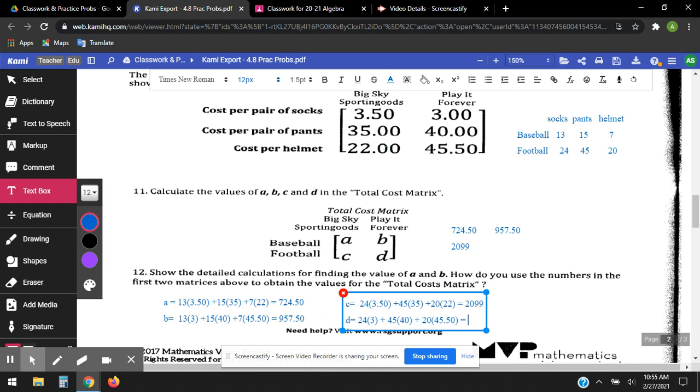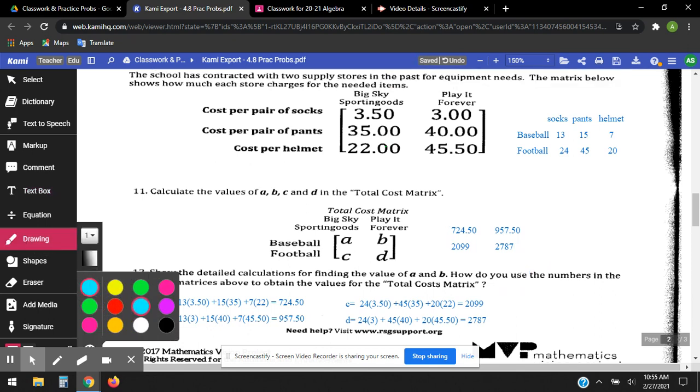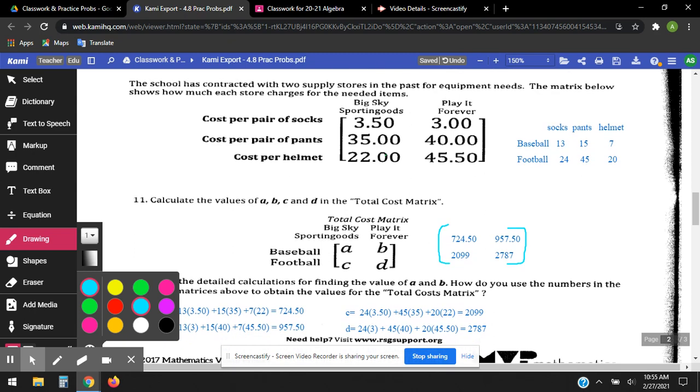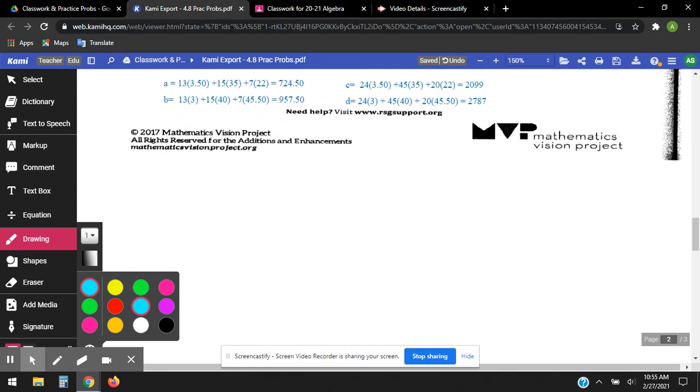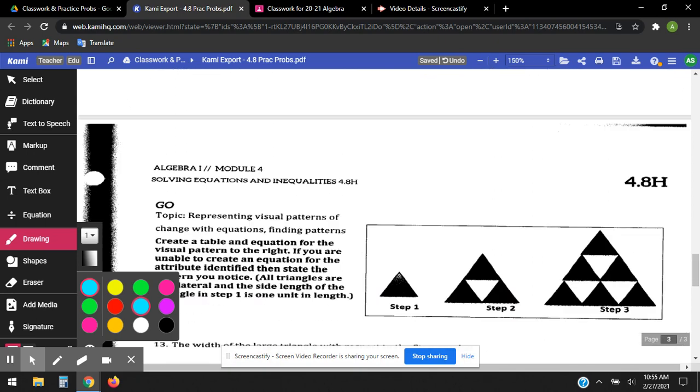And that is going to get me $2,787. Okay, so when I'm all said and done on this guy, here is the total cost matrix. All right. Phew, another matrix problem.